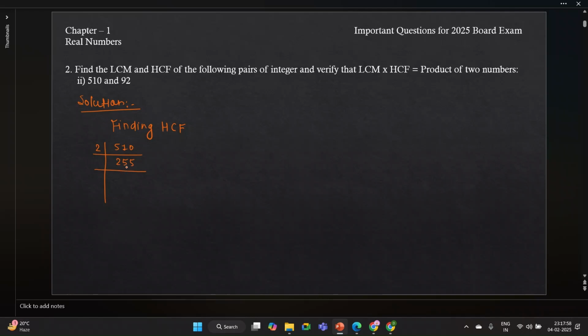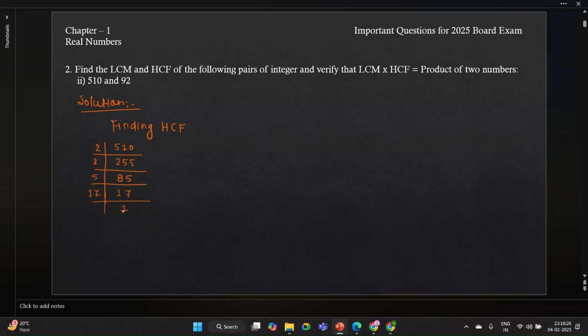So we're going to check for 3. 2 plus 5 is 7, 7 plus 5 is 12. 12 is divisible by 3. So we go for 3. 3 times 8 is 24, and 3 times 5 is 15. Now we are checking, it is divisible by 5. So it's going by 17 because 17 times 5 is 85. So directly we can cut it down by 17, it would be 1.